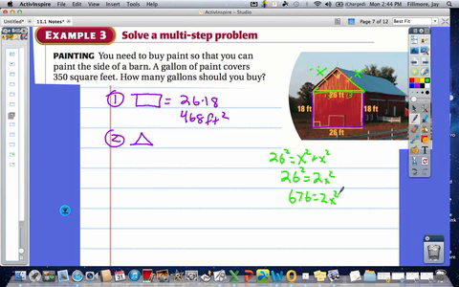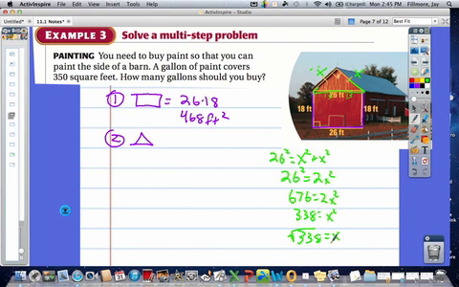I can divide both sides by 2. I divided by 2, so that should be 338, my fault. And so I have 338 equals x squared. If I take the square root of 338, hopefully it comes up with a nice number. No, it doesn't, so I'll just leave it as the square root of 338.